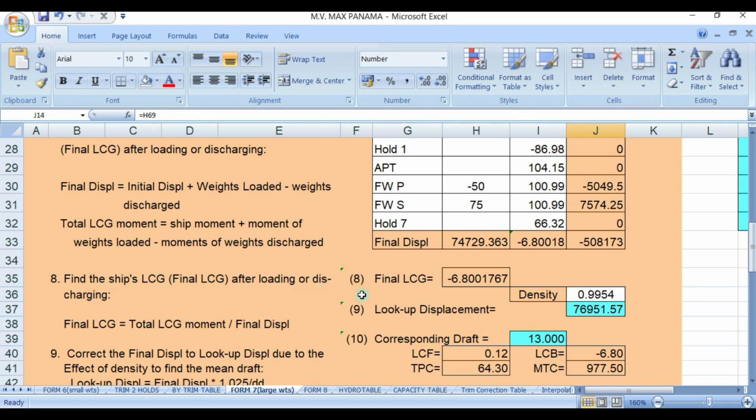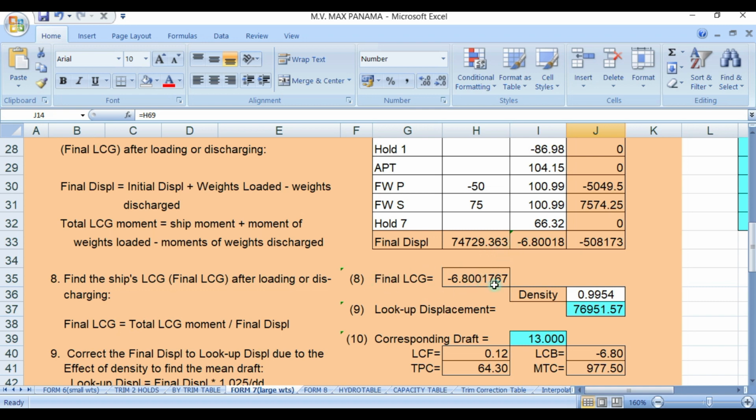What will be your final LCG? The final LCG is the total LCG moment over the final displacement, meaning this one, negative 508,173, divided by your final displacement, which is 74729.363.